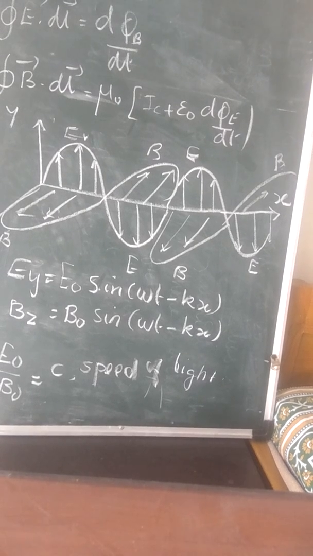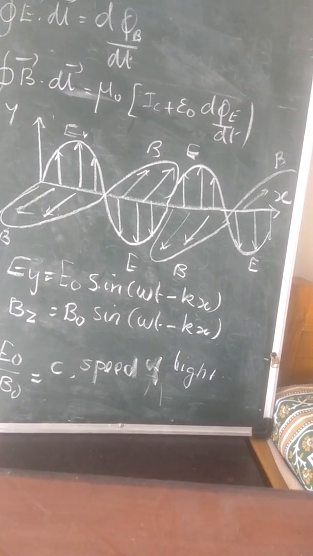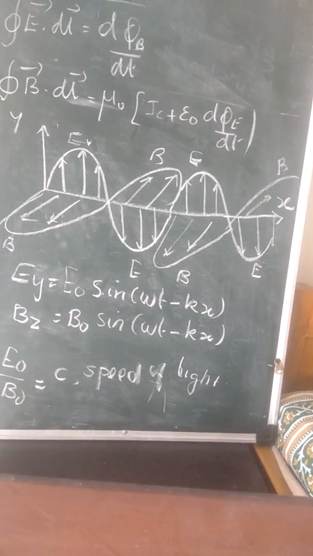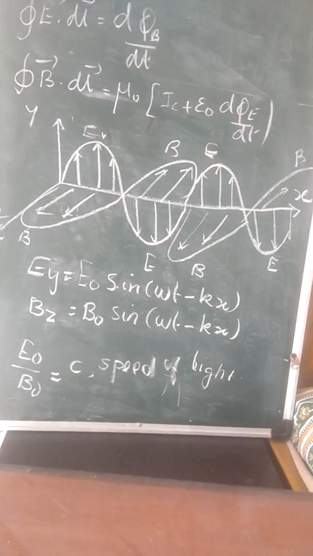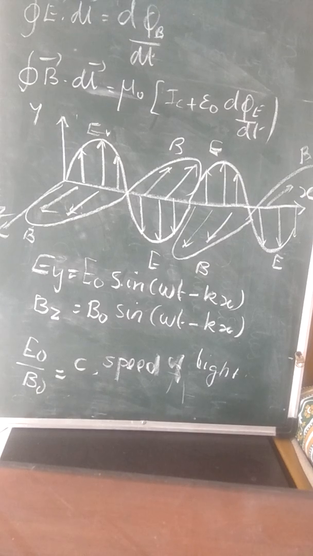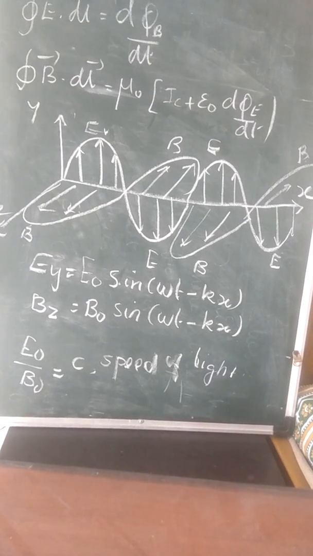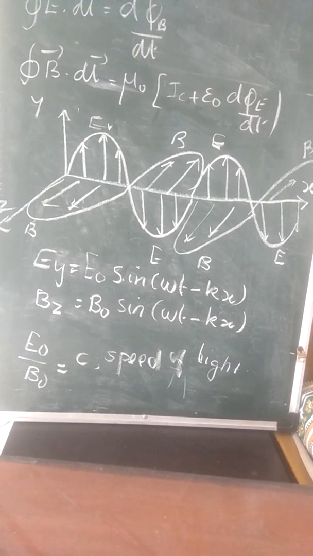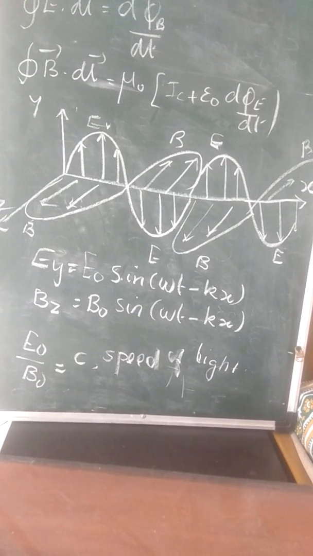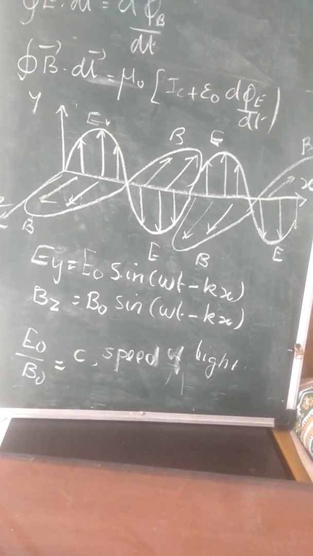It represents that the wave is propagating along the x-axis. Ey and Bz represent the electric field and magnetic field at any time along the y and z axes. E0 and B0 are the electric and magnetic field amplitudes, the peak values.